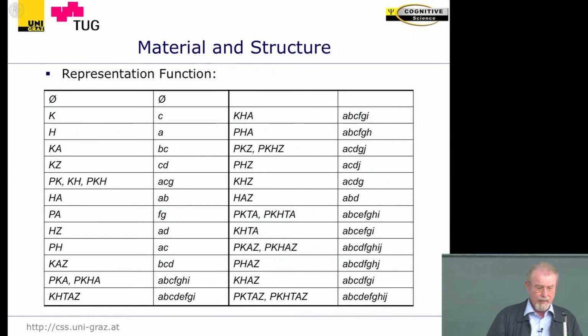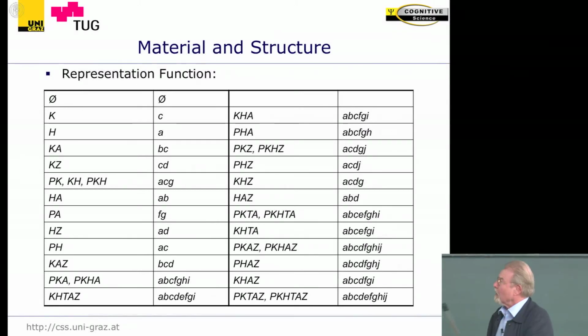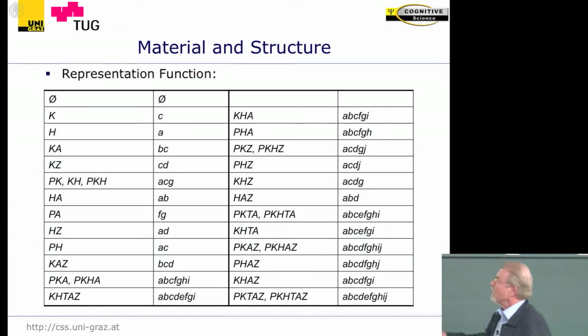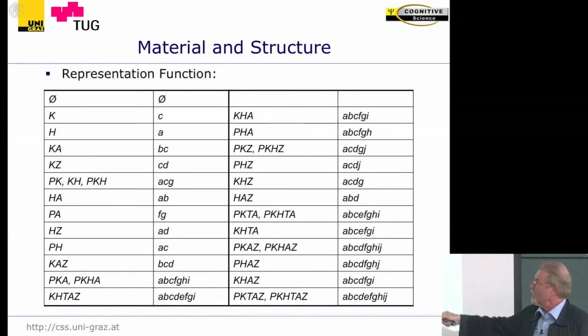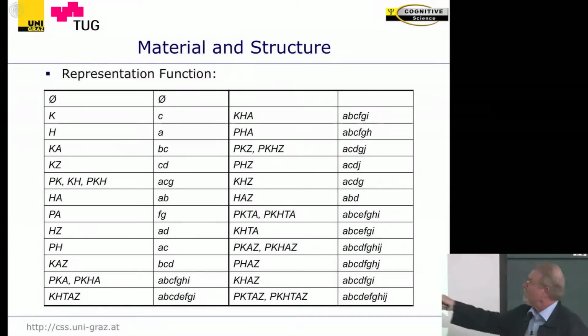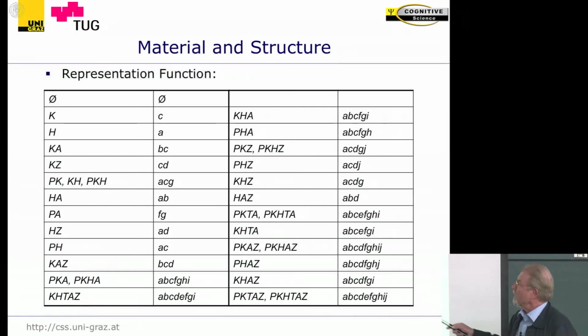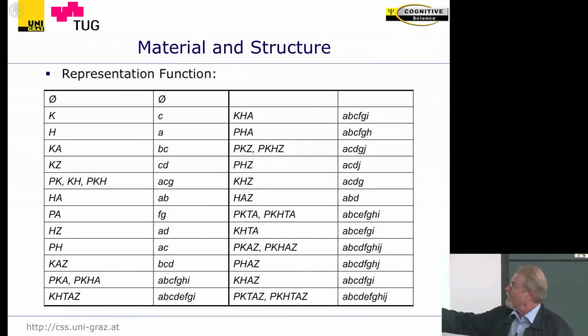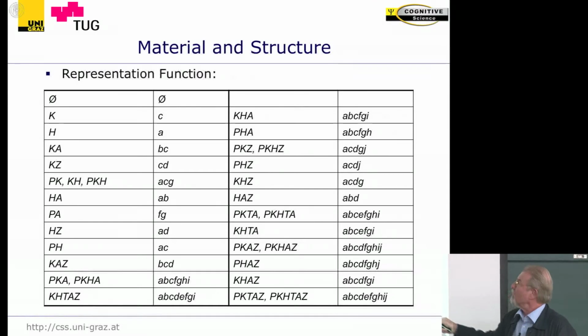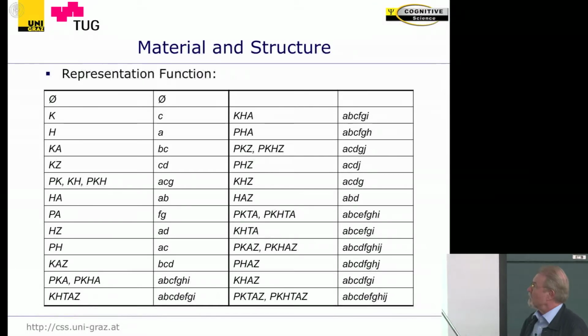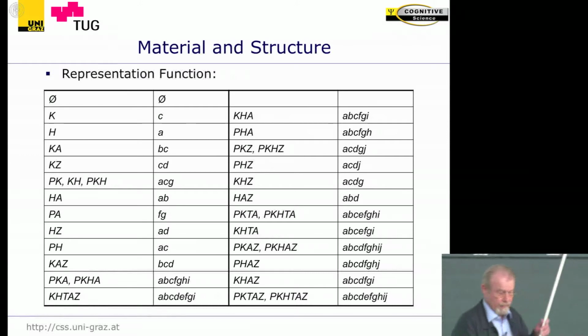On the other side, we have the representation function. On the left column, we always have the possible competence states, and the representation function assigns all those problems which are solvable in the corresponding competence state. In this competence state, Ka, for instance, the problems B and C can be solved, and so on.